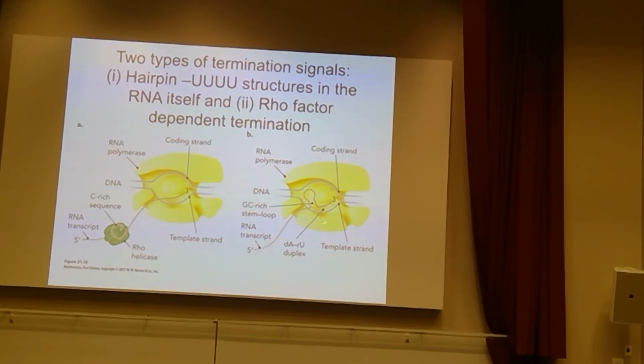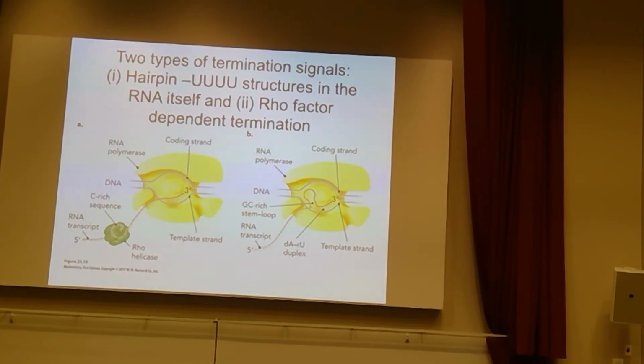One of these is the topology of the RNA product itself, the fact that in some cases it generates this hairpin-like structure, this stem loop structure. It's rich in GC base pairs. And the formation of the product with this kind of topology is sufficient for the RNA polymerase to know that it needs to disassociate and complete its synthesis.